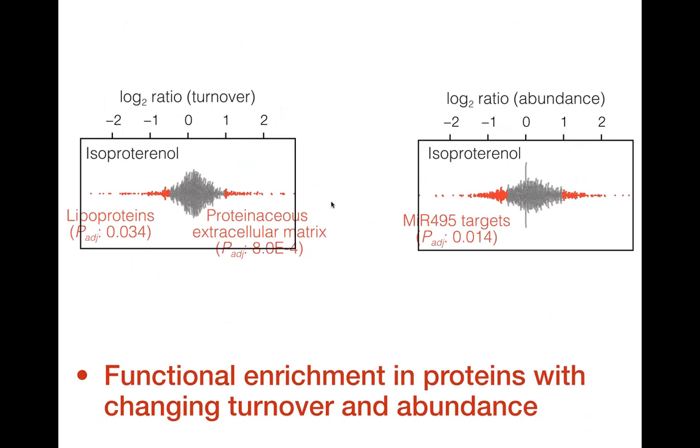And the extreme changes are enriched in different categories. Extracellular matrix proteins have elevated turnover, and we see a lot of lipoprotein proteins with lower turnover. And with abundance, a lot of them are microRNA targets that actually have lower abundance or expression after the drug treatment.